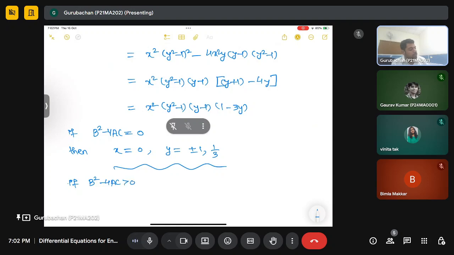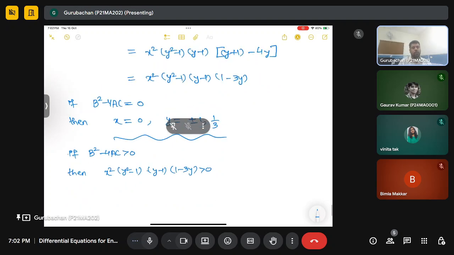So next is when it is positive. When it is positive, y square minus 1, y minus 1, 1 minus 3y should be positive. So we can only guarantee this is positive if we assume x is a non-zero quantity.